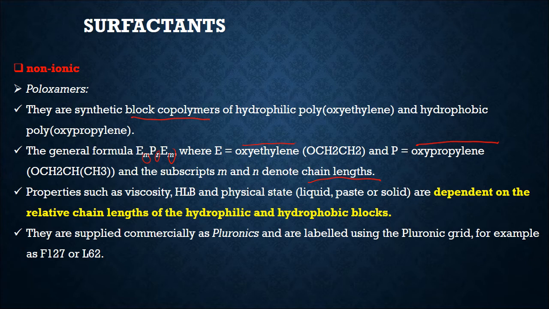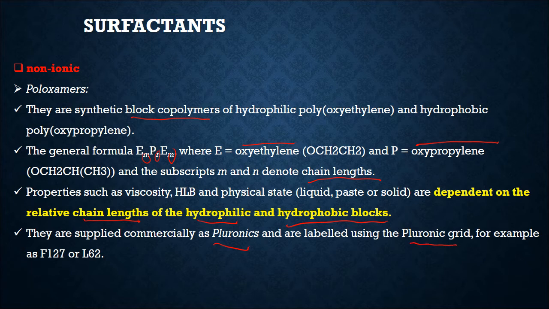Properties such as viscosity, HLB, and physical state are very much dependent on the relative chain length of the hydrophilic and hydrophobic blocks, and they are supplied commercially as Pluronic and are labeled using the Pluronic grid.